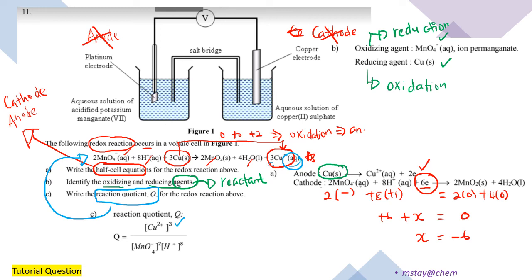Then over the concentration of MnO4- to the power of 2, because here we have 2 as the coefficient, and H+ is also in aqueous form, so we have to include it with the power of 8. So this is the reaction quotient.